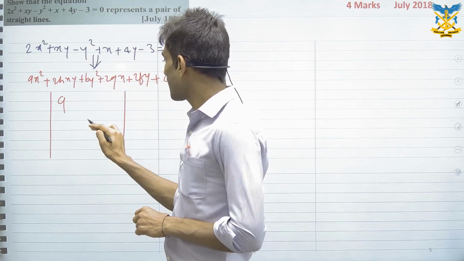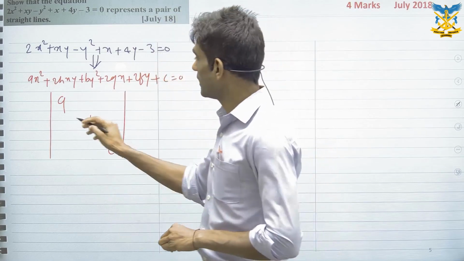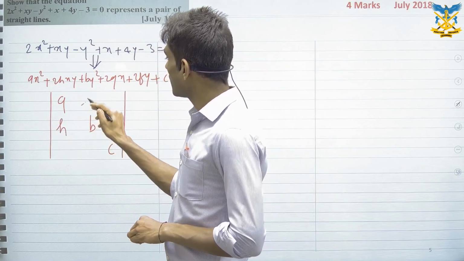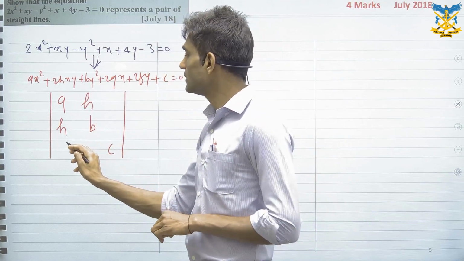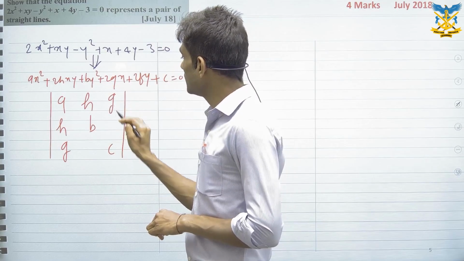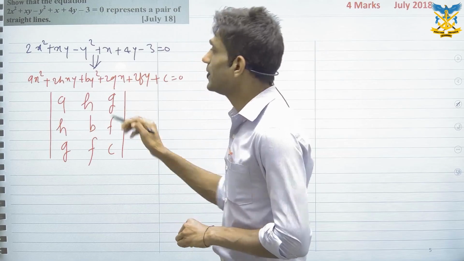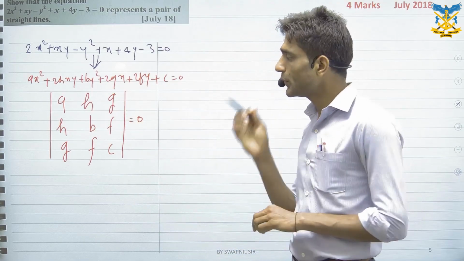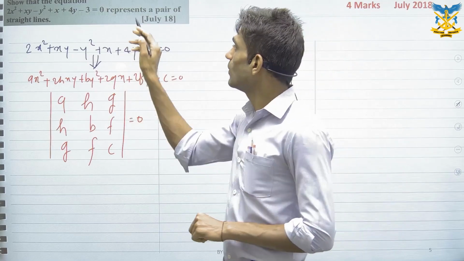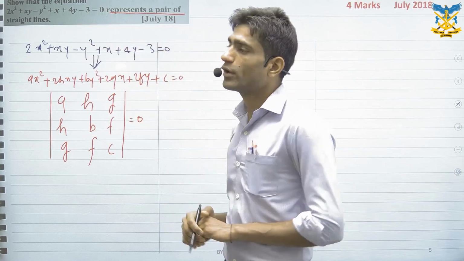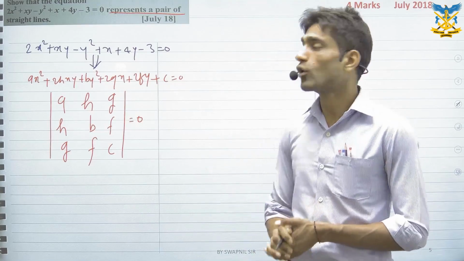Like a, b, c, okay. After that, here we have h, here we have h, okay. After that, we have here g, here we have g, and here we have f, here we have f, okay. So when that determinant goes to 0, then we say that our equation represents a pair of straight lines, okay. This one is the necessary condition for a pair of lines, okay.